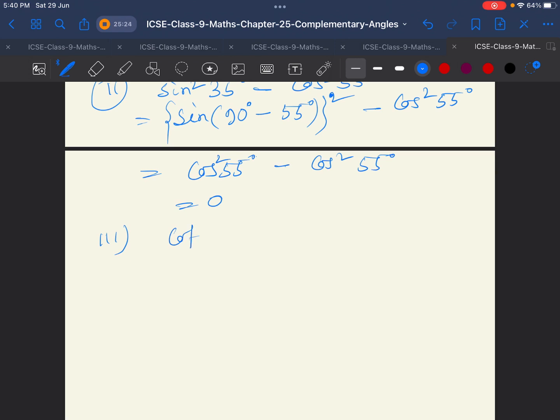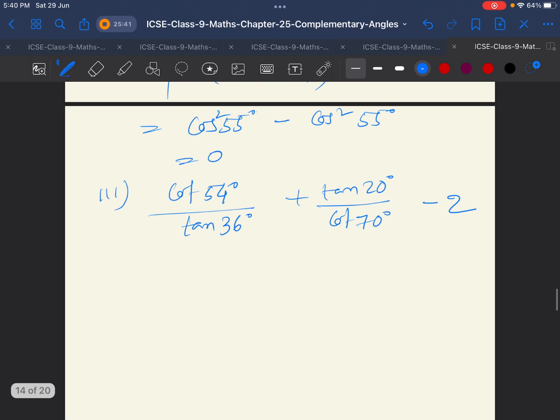Question number 3: cot 54 degree by tan 36 degree plus tan 20 degree by cot 70 degree minus 2.